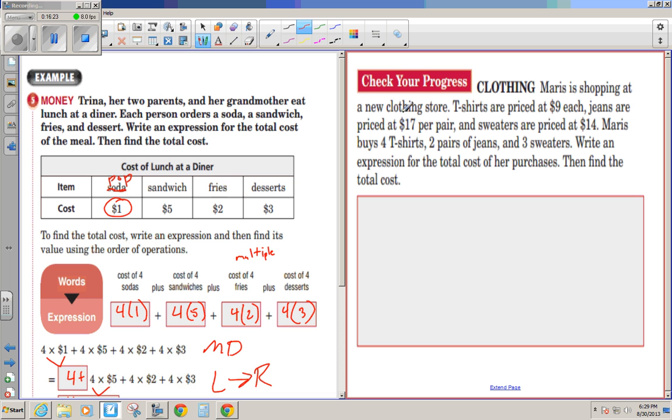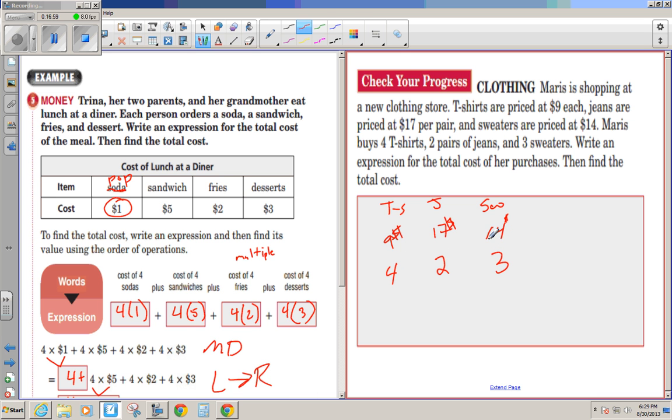Maurice is shopping at a new clothing store. T-shirts are priced at $9 each. Jeans, $17 per pair. Sweaters, $14 per sweater. Maurice buys 4 T-shirts, 2 pairs of jeans, and 3 sweaters.